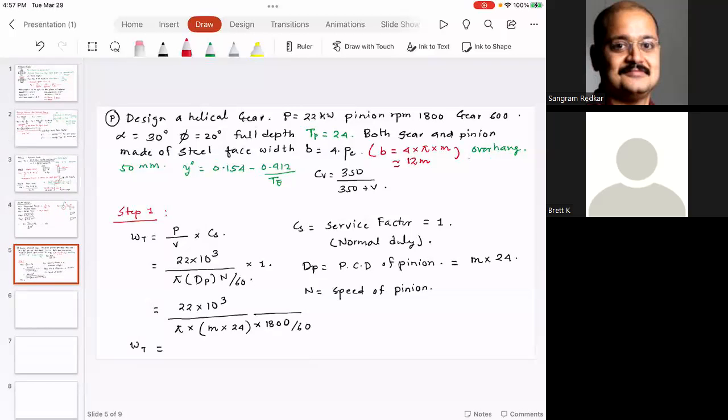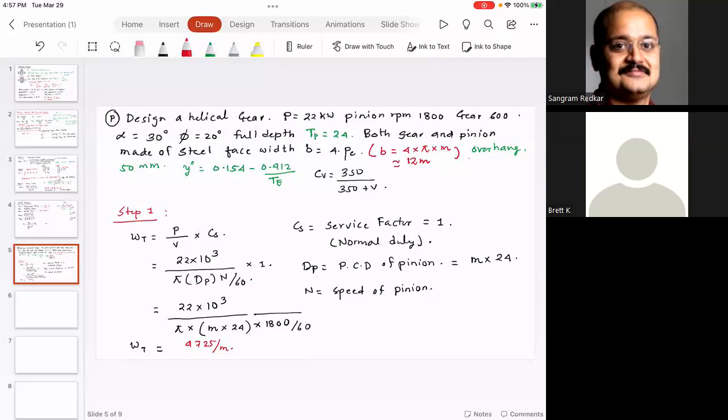And my answer is, please take a look at it, 9725 divided by module. So this is the answer that I got, 9725 divided by module.